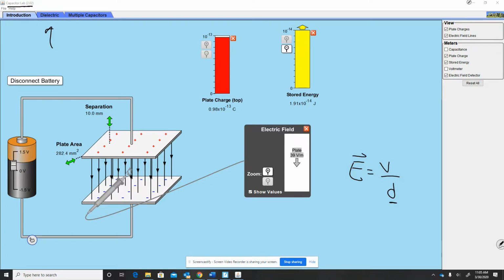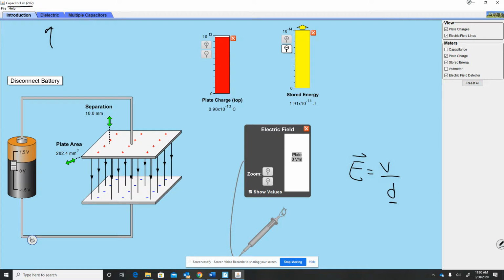Now keep in mind, and we talked about this in class quite a bit, and we did a little lab with the saltwater solution and the rulers, and then obviously we had the voltmeter. But keep in mind too that voltage is a function of location, right? So when we talk about the voltage across the two parallel plates, that's the distance between the plates.